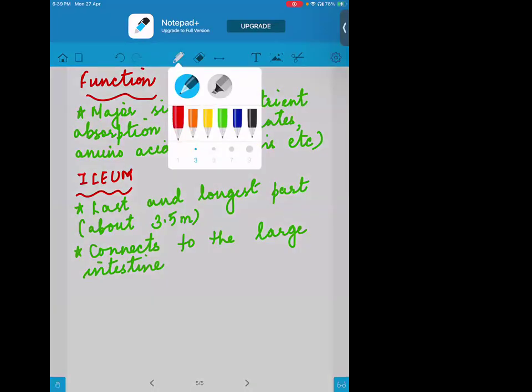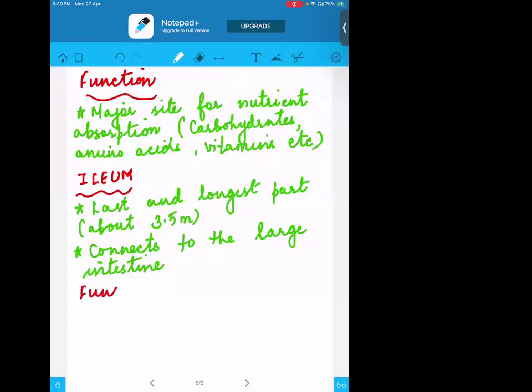The major function performed by the ileum is that it absorbs the bile salts produced in the liver, and vitamin B12. It absorbs vitamin B12.